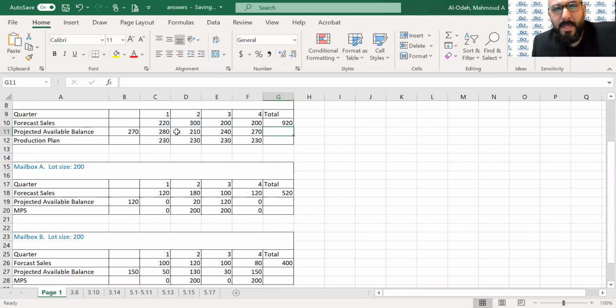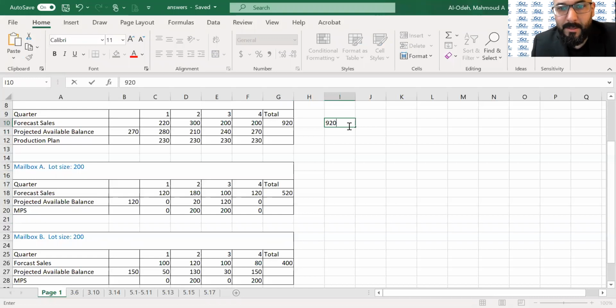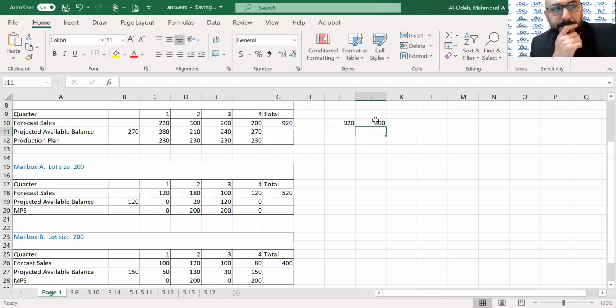920 units. However, the company is interested in reducing this by 120. So reducing from 920 to 920 minus 120, which is basically 800.